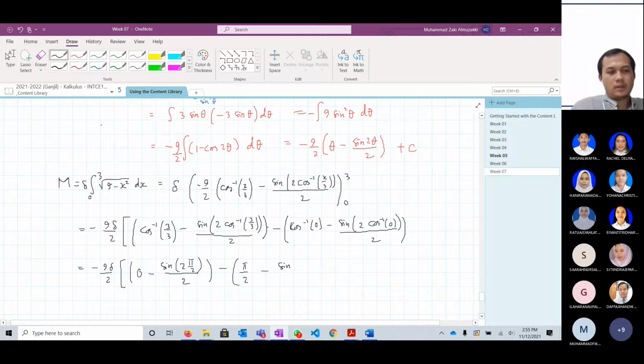Sorry, I made a mistake here. Cosine inverse of 1 is 0, so it should be 2 times 0. But now here we have sine of 2 times pi over 2 divided by 2.